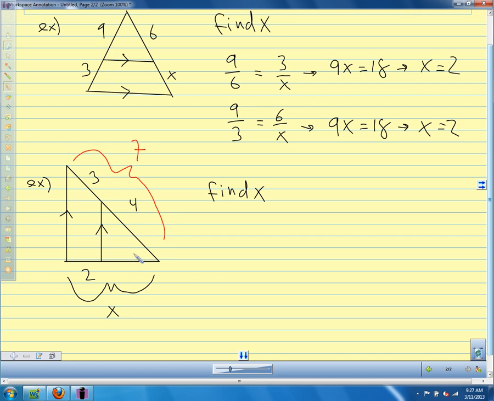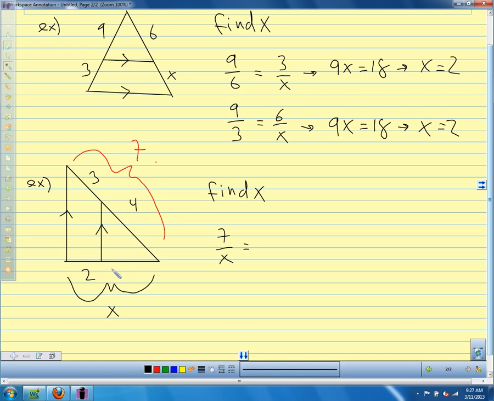So now we can set up some proportions. So what would be one of the proportions we could set up here, Tanner? 7 over x equals, so we're matching this one part of this side to one part of that side. So we need to match another part of this side to another part of this side.